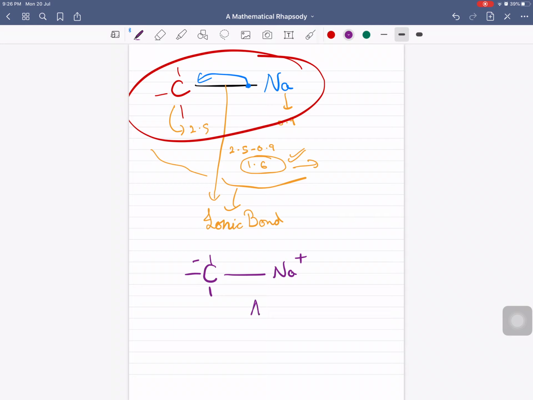Now if you were to have magnesium bonded to something else, you'll have 2 plus when it is grabbed by something else, let's say carbon for instance. This is important. It's not partial anymore. Carbon has completely stolen the electron.